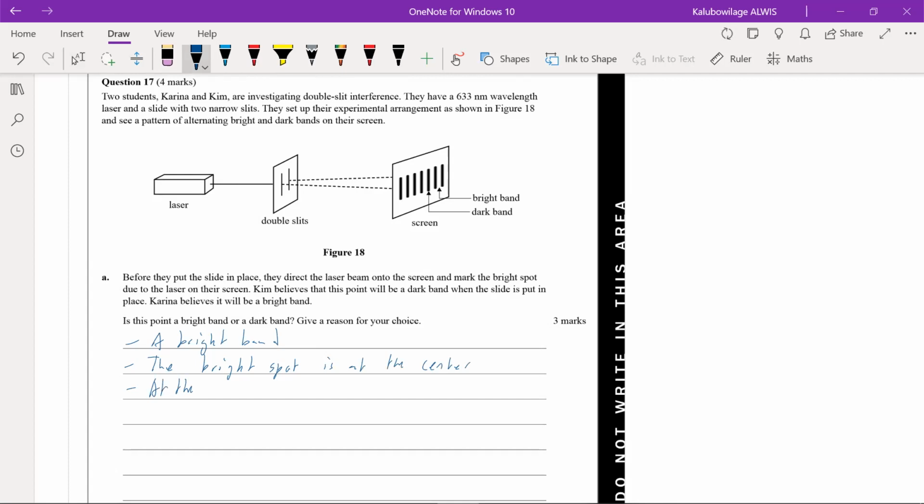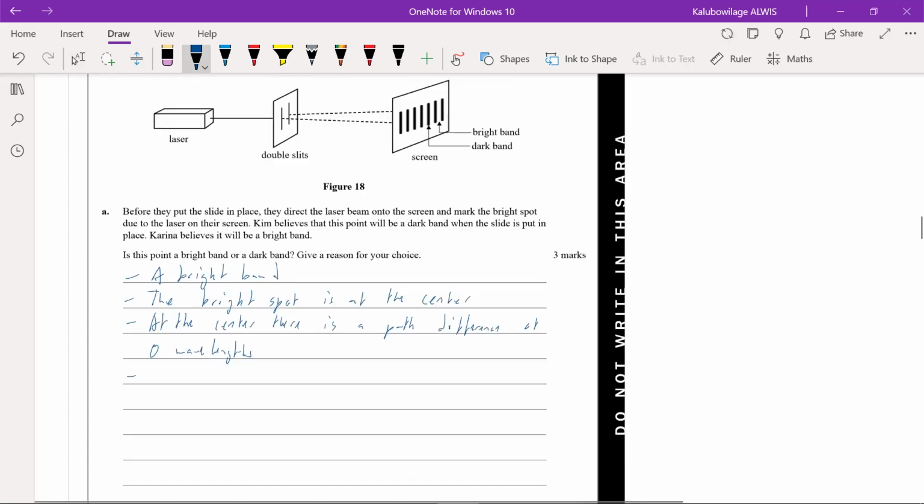At the center there is a path difference of 0 wavelengths, so constructive interference occurs.